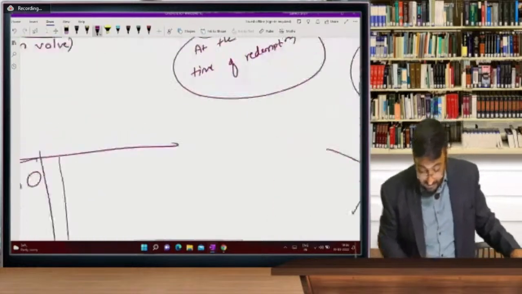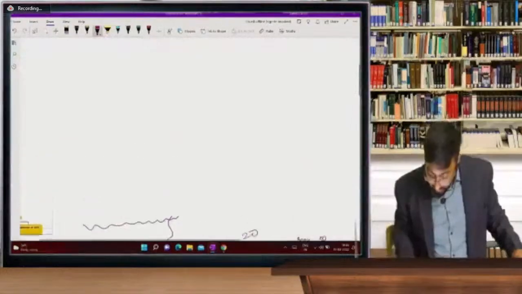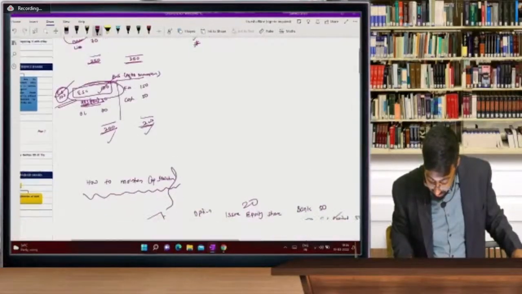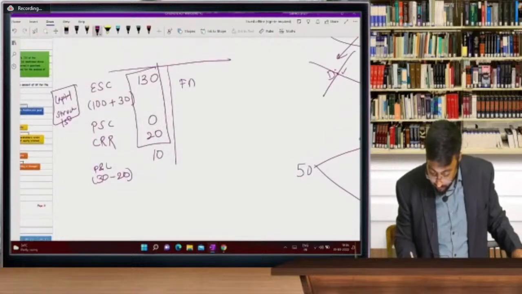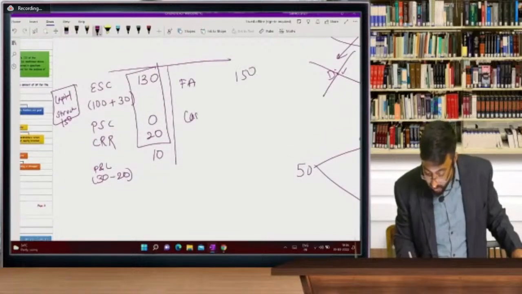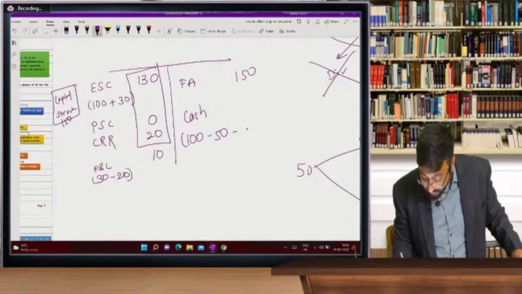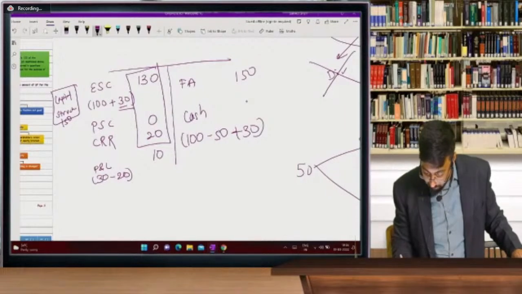Your fixed asset is as it is, there is no change. And your cash balance: 100 minus 50 of redemption, plus 30 of equity share capital.